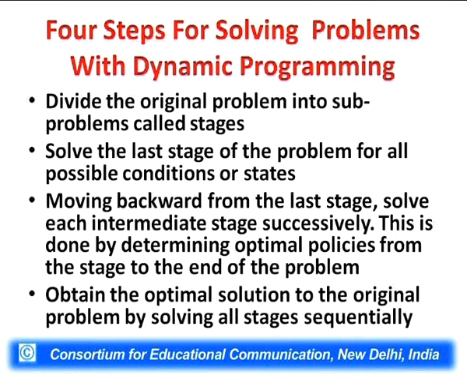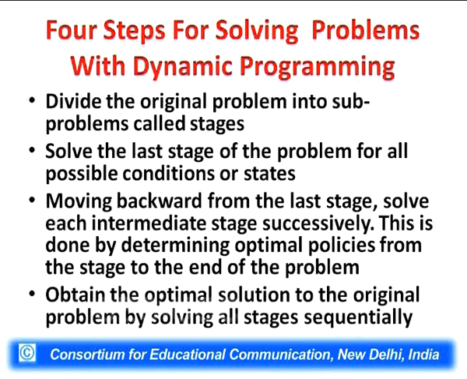So, moving backward from the last stage, we have to start from the last stage, which we have already explained in the second step. Solve each intermediate stage successively. This is done by determining optimal policies and solutions from the stage to the end of the problem.